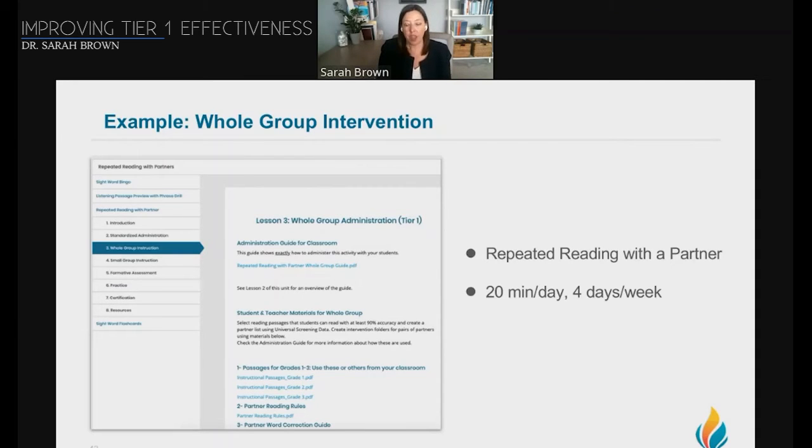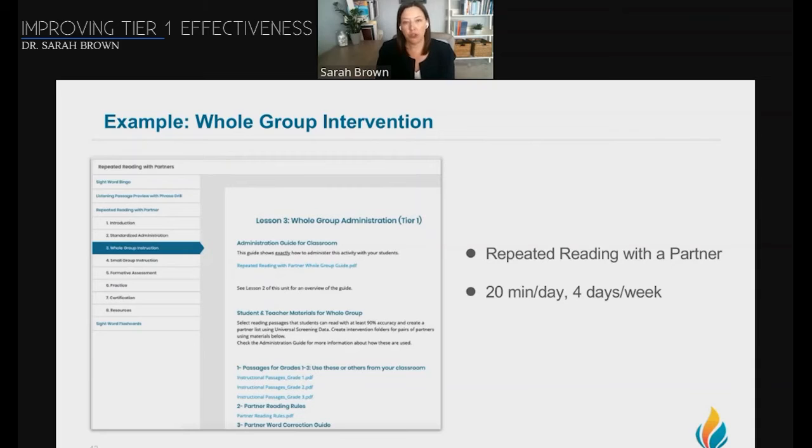I've worked with schools that have looked at whole group instruction in this type of way, and I've seen middle schools taking 5 minutes a day in every single class. If you have a 6-period middle school, that would be 30 minutes a day where students are using a quick evidence-based routine in repeated reading or partner reading that would help impact fluency.